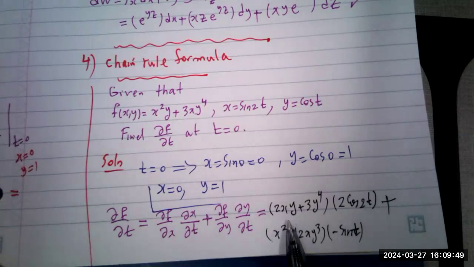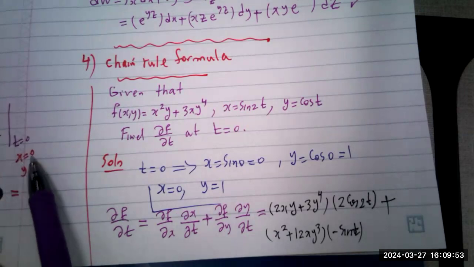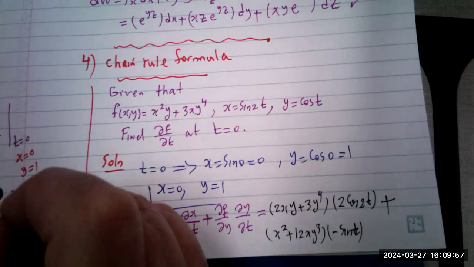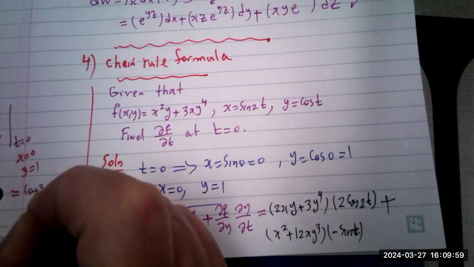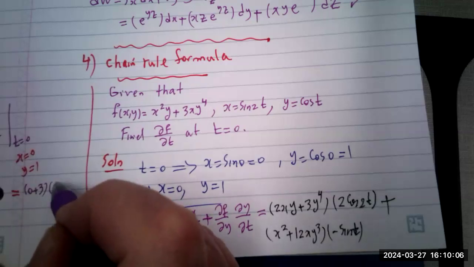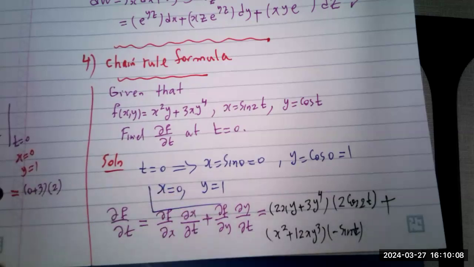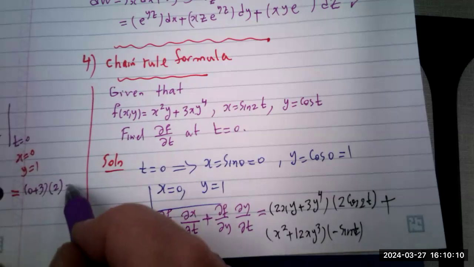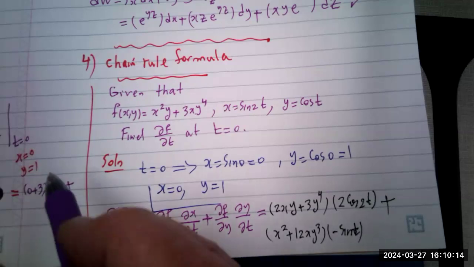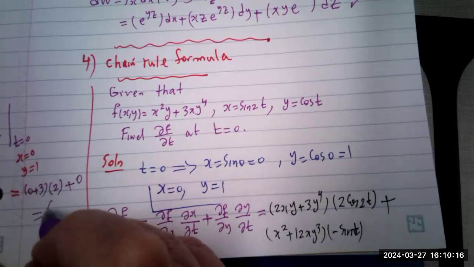In the first part, 2xy would be 0 because x is 0. 3y to the 4th would be just 3. So that gives you 0 plus 3 times the cosine of 0. Cosine of 0 is 1, so that gives you 2. It's the first part. Plus the second one would be automatically 0 because the sine of 0 is 0. So the result is 6.